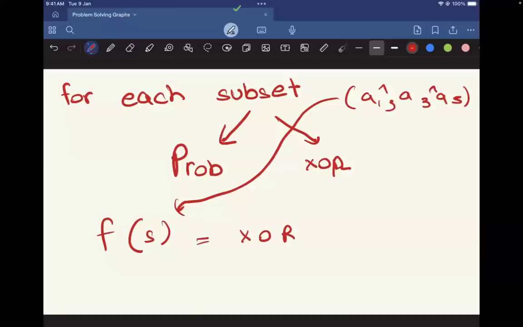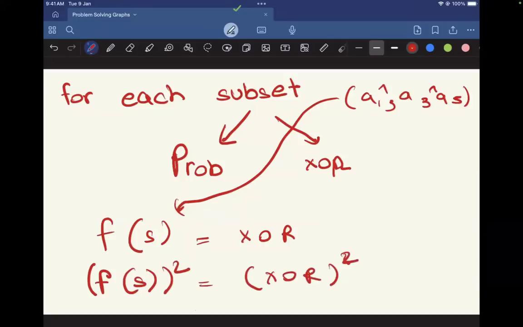So guys, can you tell me what is f of s the whole squared? Wouldn't it be just XOR squared? Yes, f of s denotes the XOR of the subset, so f of s squared is XOR squared, right?